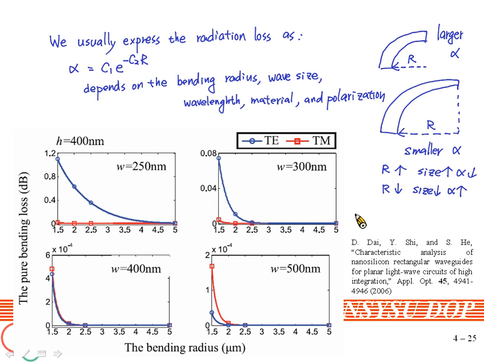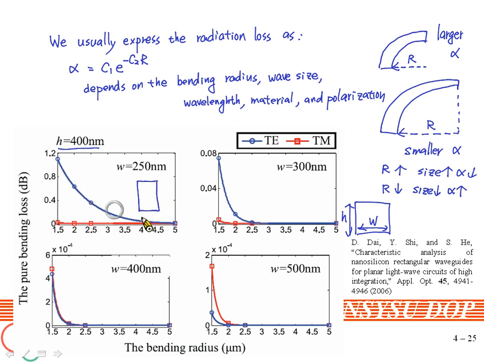Consider a rectangular waveguide. We define the width here as W, and the thickness, the length here, as H. And for these four figures, H is fixed at 400 nanometer. And for the situation where W is 250 nanometer, this means that the waveguide structure will look like this.